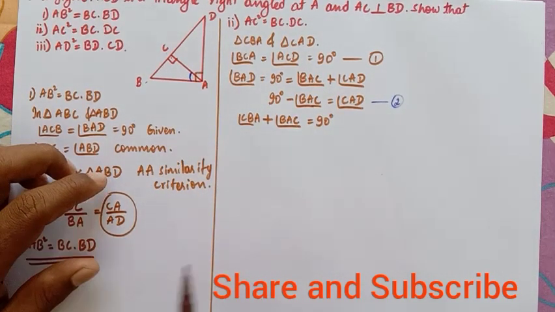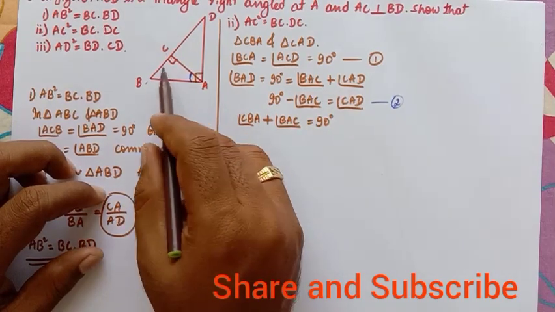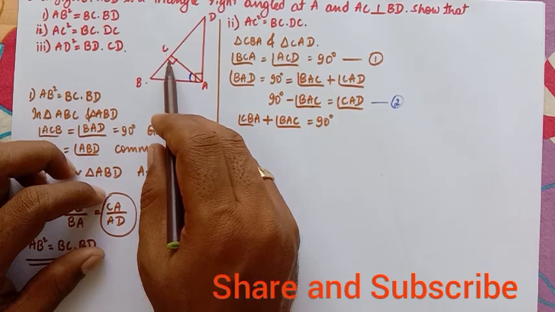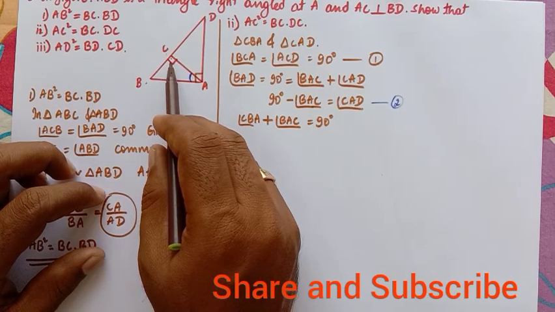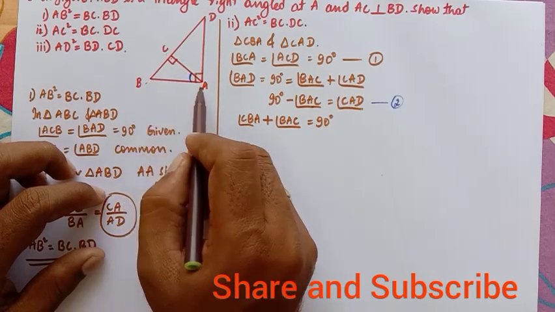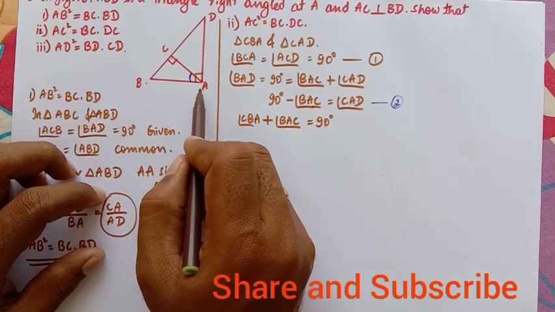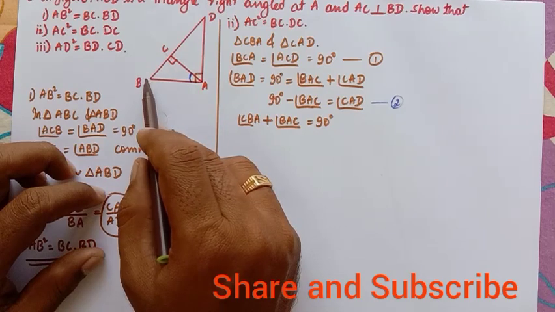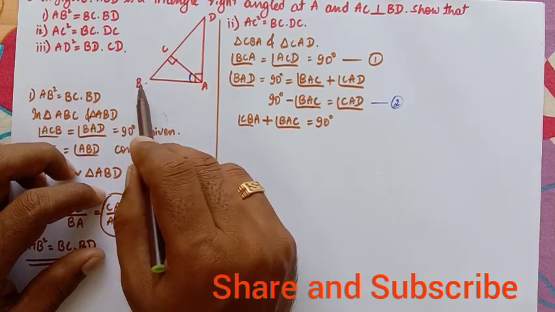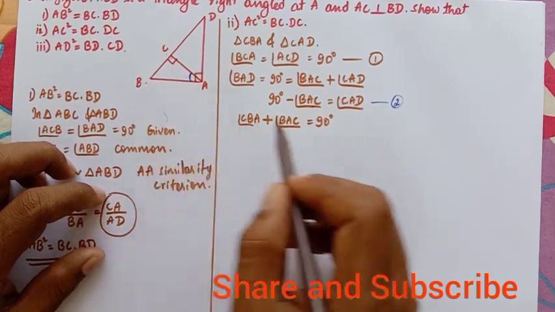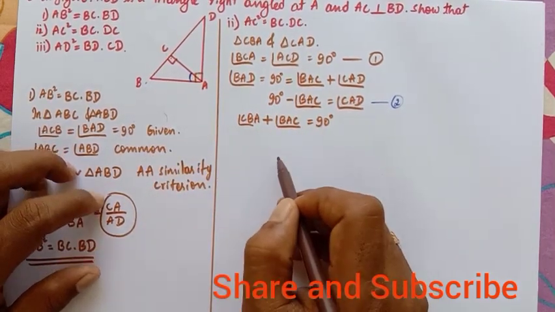That is because of the angle sum property of triangles. If angle C alone is equal to 90 degree, then if we add up these two angles, angle CBA and angle BAC, we will be getting 90 degree.